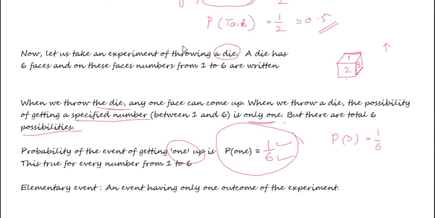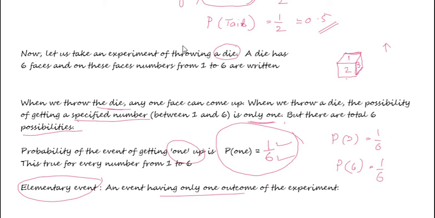Same thing, probability of getting 6, that is also 1 by 6. Such events having only one outcome of the experiment are known as elementary events. So the event of getting 1 is an elementary event. Event of getting 2 is an elementary event.